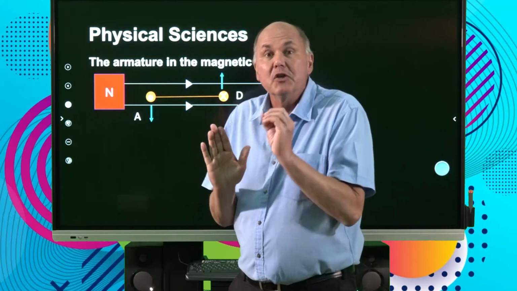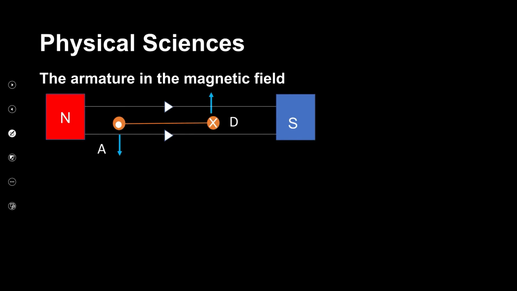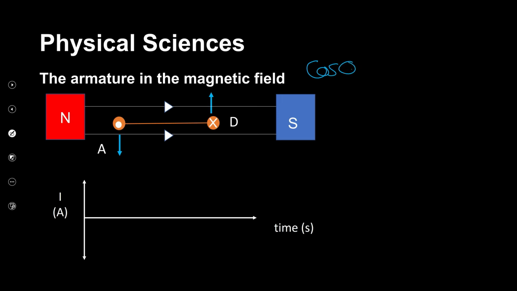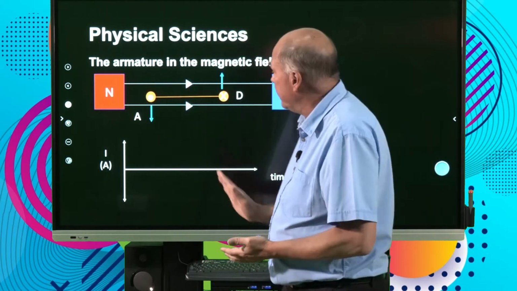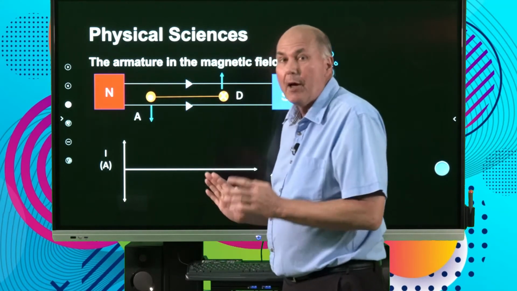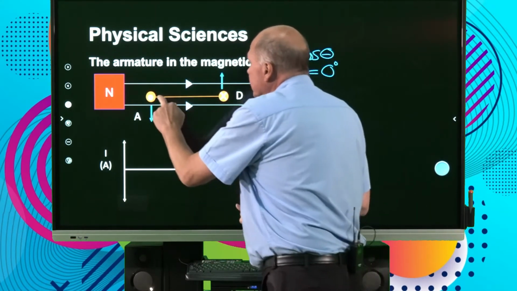So cos theta here is 0. And I want to just remind you that the cos theta in this situation is equal to 0, because the field lines and the area are at 90 degrees. Okay, so in this situation, what we find is we get a maximum induced current.